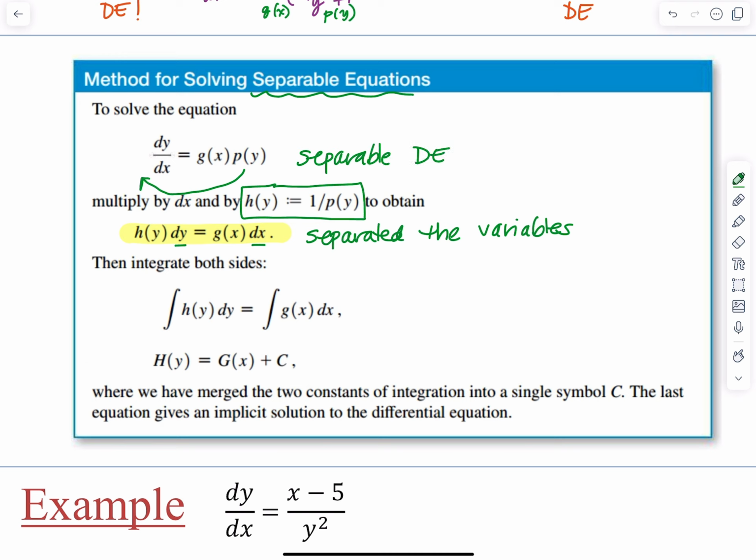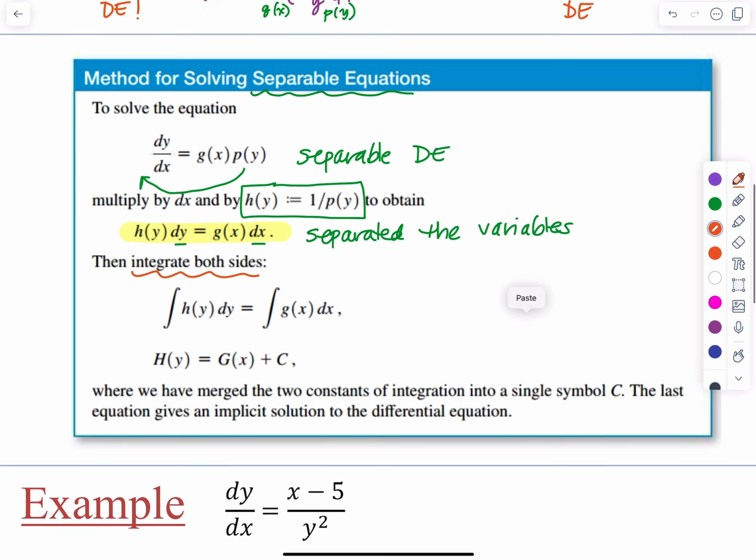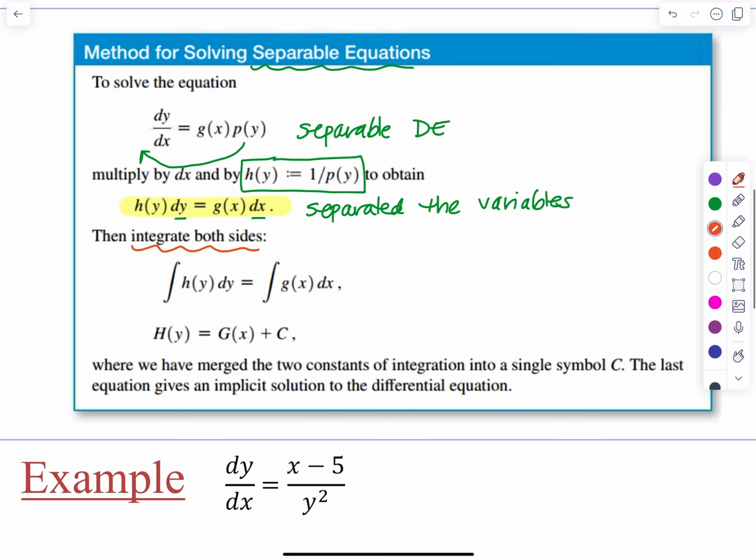Okay, and now we're going to integrate both sides. So you could think of separate and integrate.